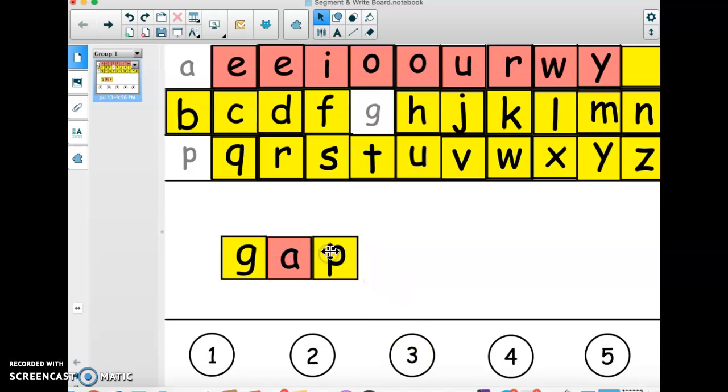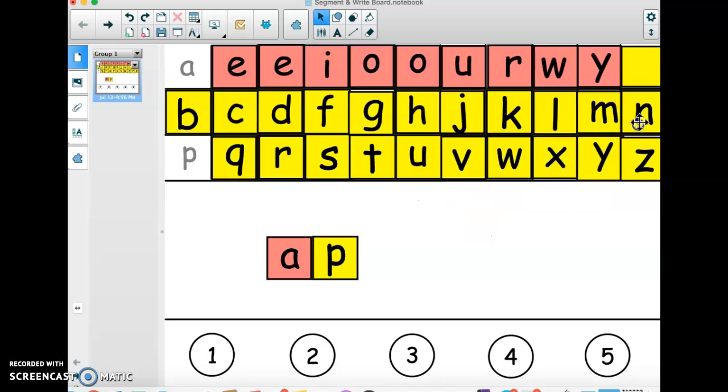All right, so now we are going to change my old word gap to my new word nap. I would like to go and take a nap. So gap to nap. So what sound do you think is going to go out? That's correct, G. And what sound is going to come in?